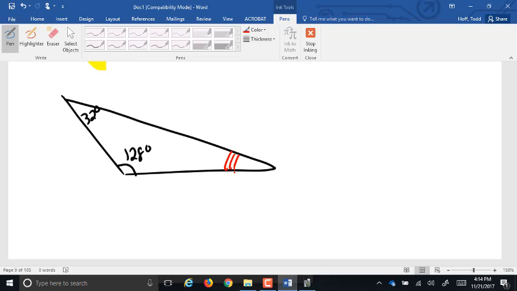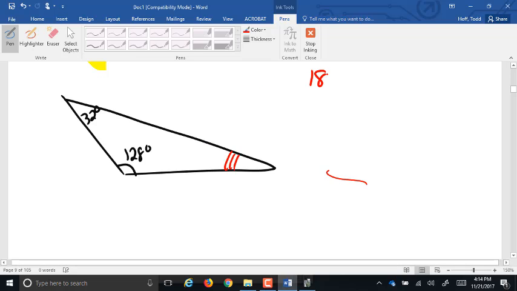So what's it have to be? Anybody get an answer? Well, we know the whole triangle adds up to 180 degrees. We subtract the 128 and the 32, and we are left with 20 degrees.